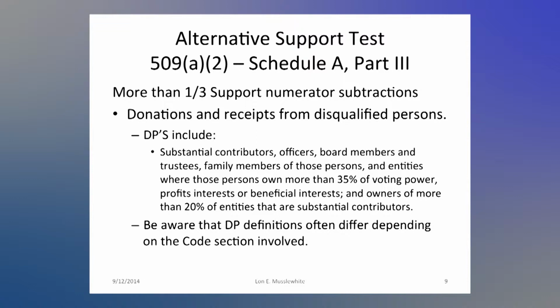So it's a very complicated definition, and it's important to note that this disqualified person definition is different from some of the other disqualified person definitions that you'll see in other code sections having to do with exempt organizations.